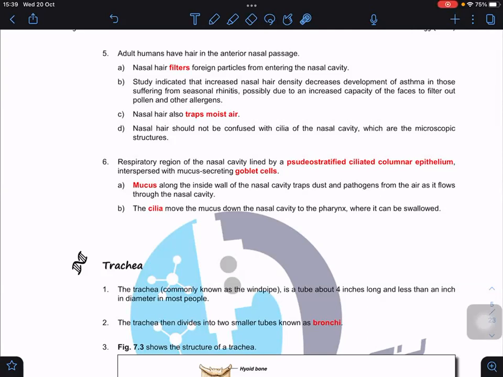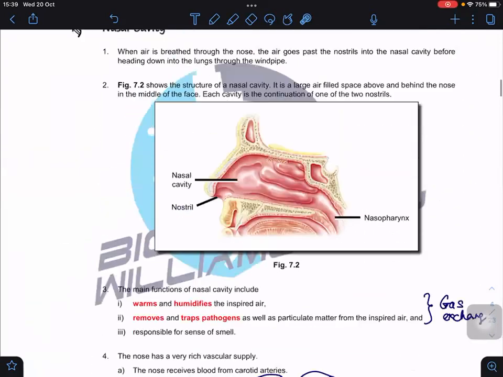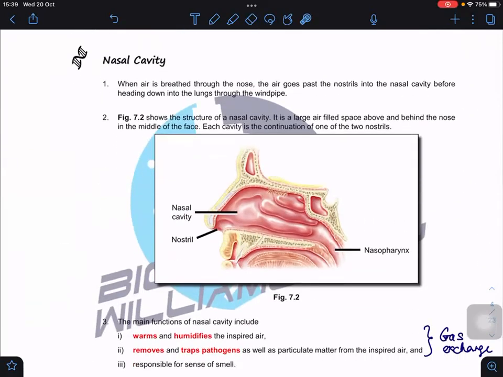Any questions regarding this nasal cavity? It is very simple. What you need to know is that the functions of the nasal cavity are more about cleaning the air and warming the air. How do they clean the air? They have mucus, with goblet cells to secrete the mucus, and they have ciliated cells.